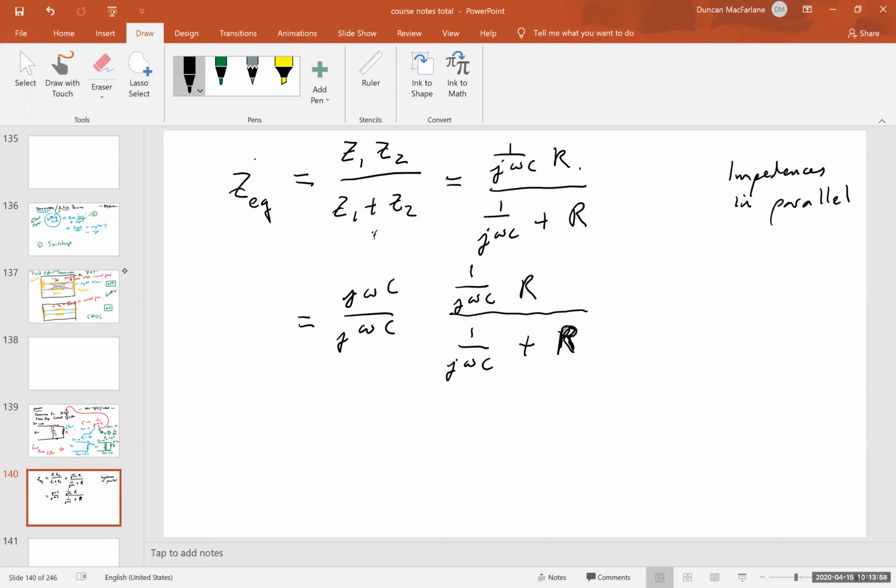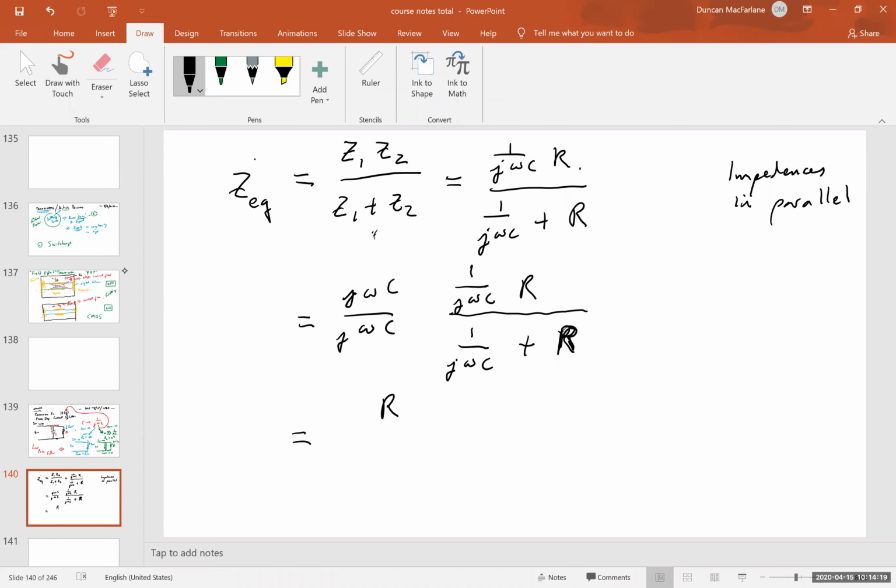And I always do that explicitly. I always tell you that I'm multiplying through by 1. Other professors are not going to do that. Other professors are going to say, we're going to clear the 1 over j omega C from the 2 terms. That's fine, but I like pointing out explicitly what math we're doing to rearrange.